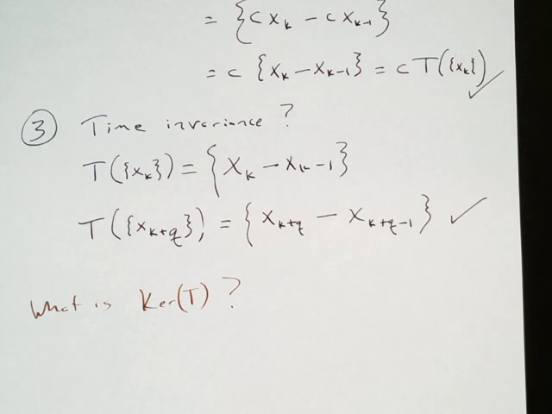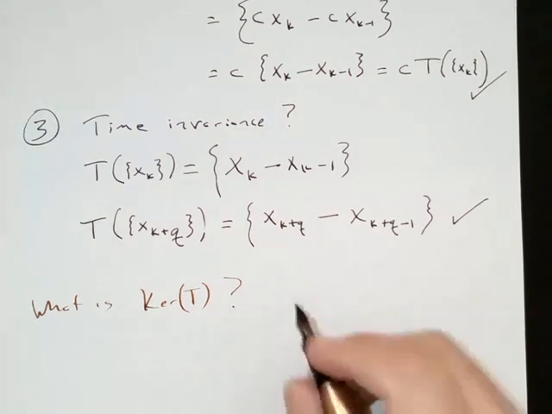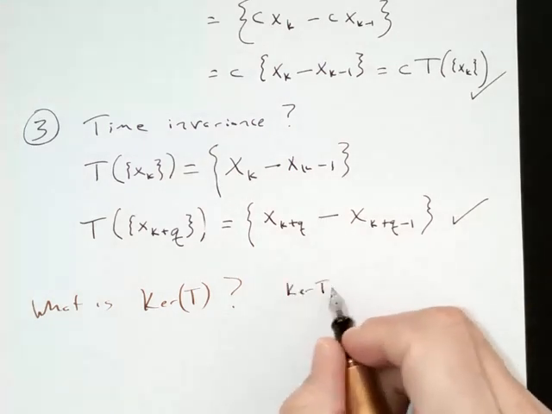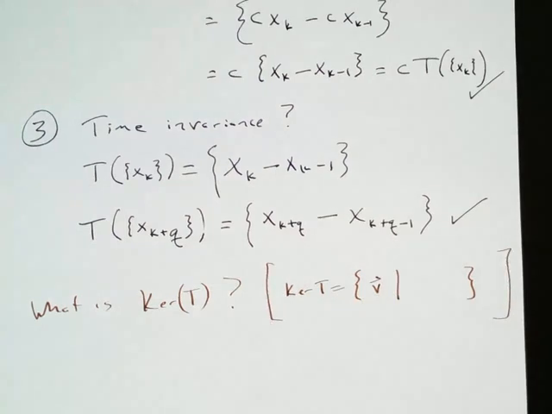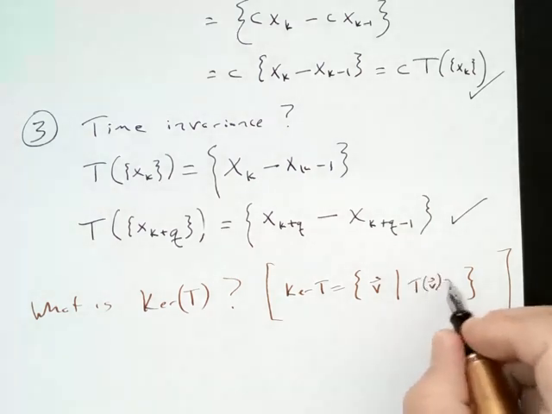What is the kernel of a transformation? It's the set of things that get transformed to 0.